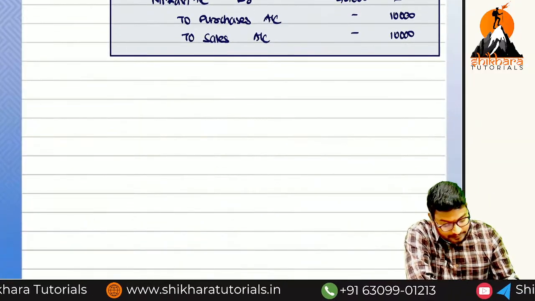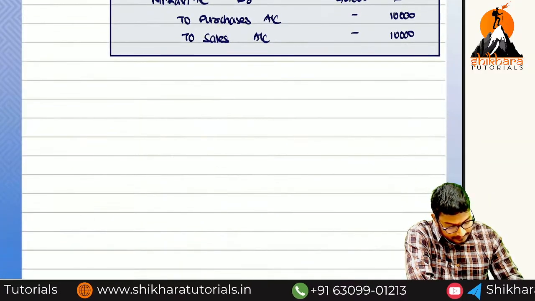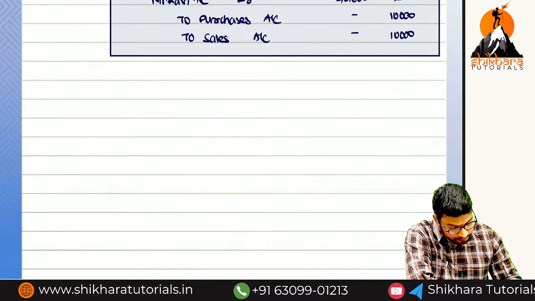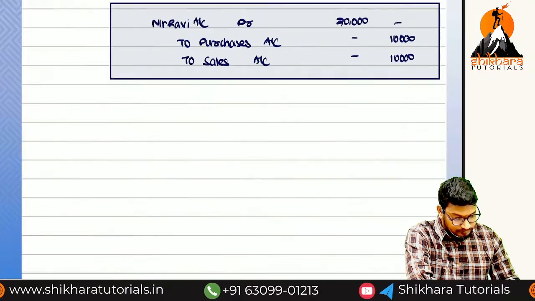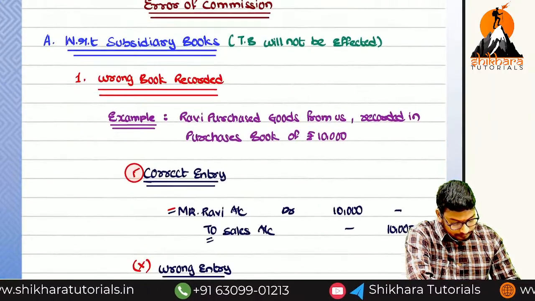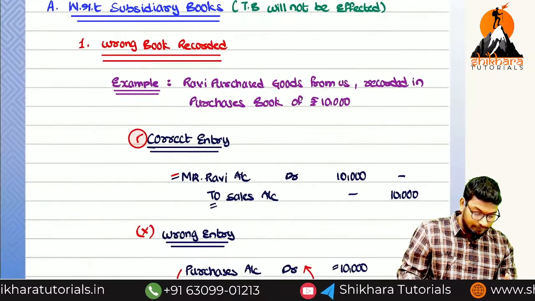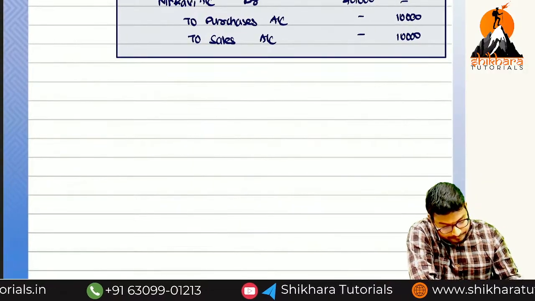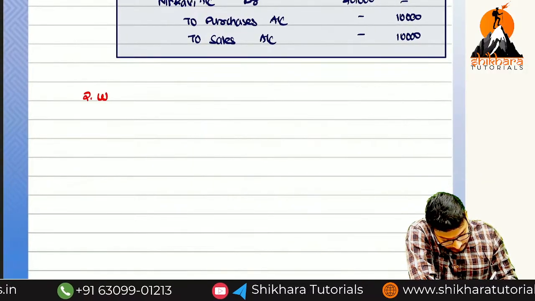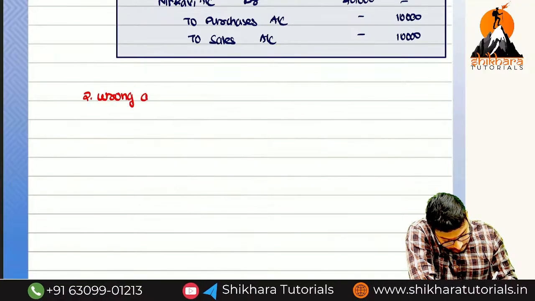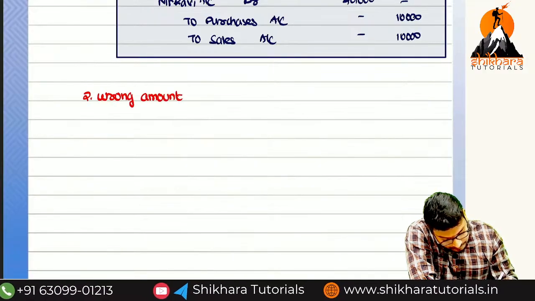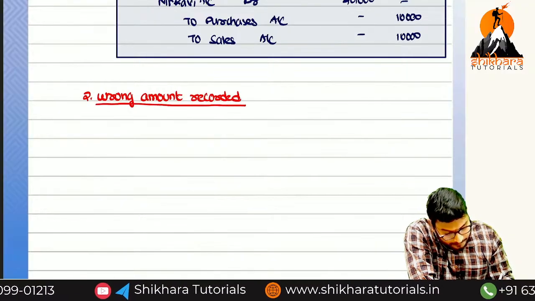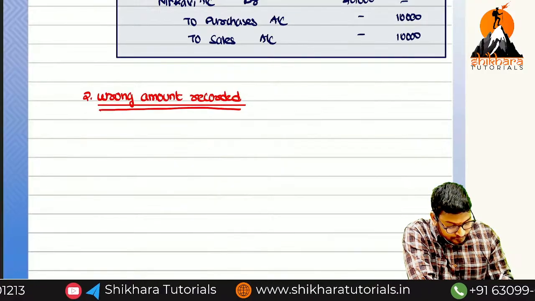So this is the second one. Wrong amount recorded. What is the example?